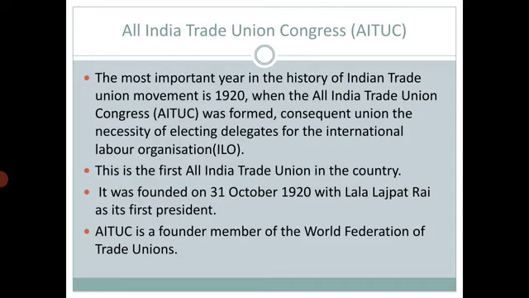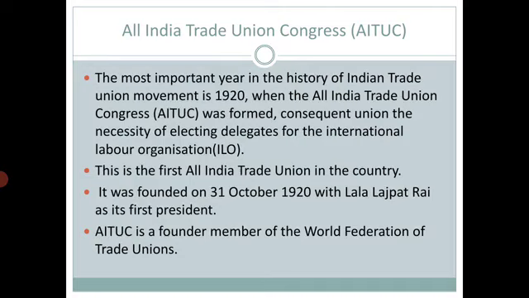All India Trade Union Congress. See, the most important year in the history of Indian trade union movement is 1920.